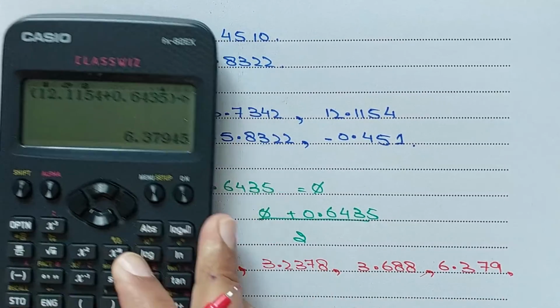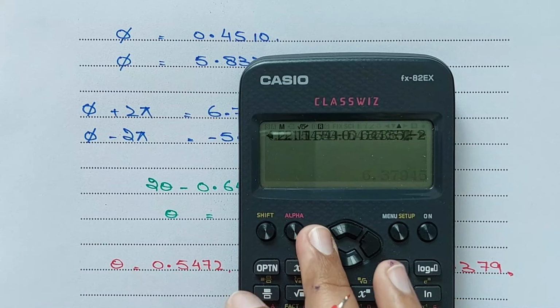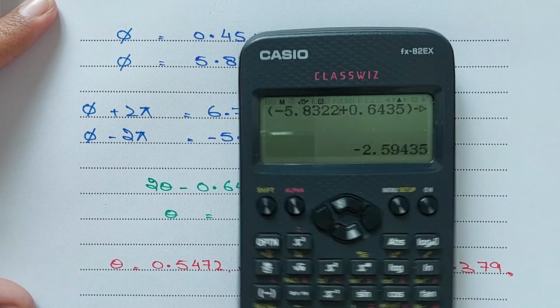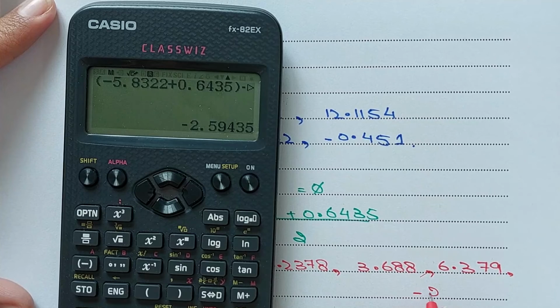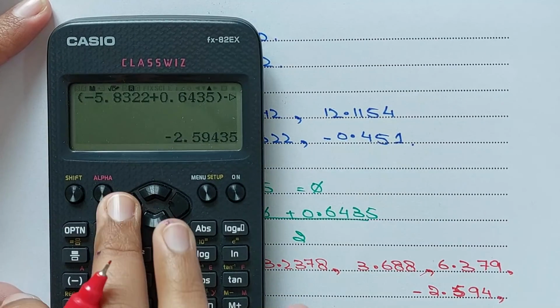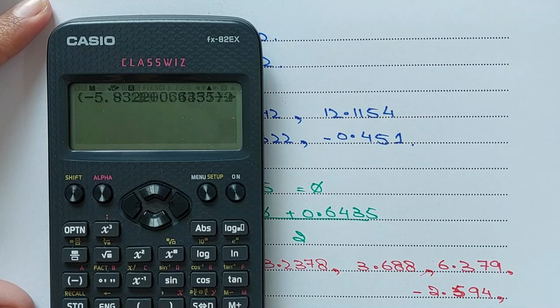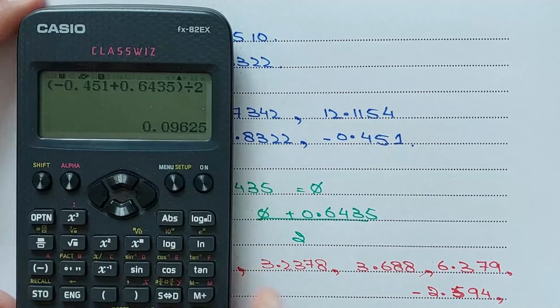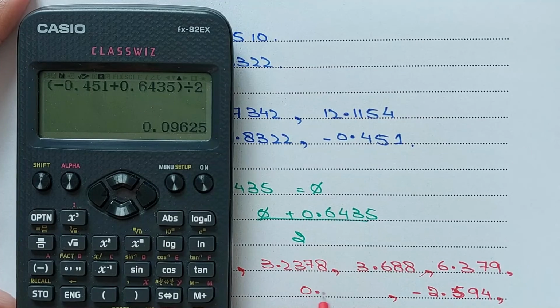And then minus of this, minus 5.8322, which is negative 2.594. And the last one is minus 0.451, which equals 0.09625.